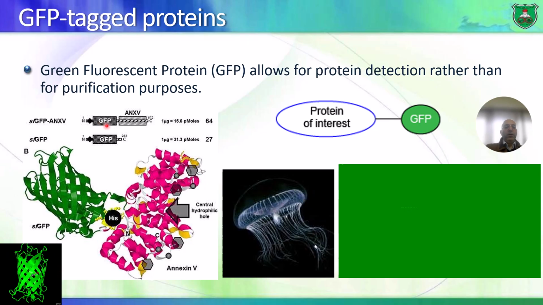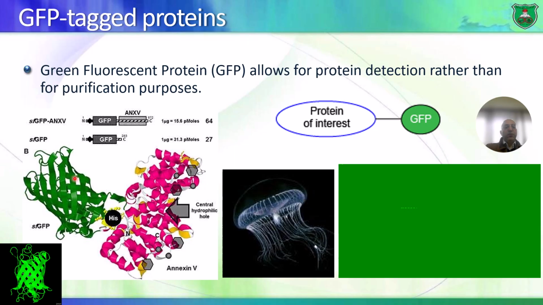we can take the green fluorescent protein gene, and we can clone it upstream or downstream of another gene. So when you have synthesis, we can put it in an expression vector, and you have the production of a messenger RNA, and this messenger RNA is then translated into a protein that is large.